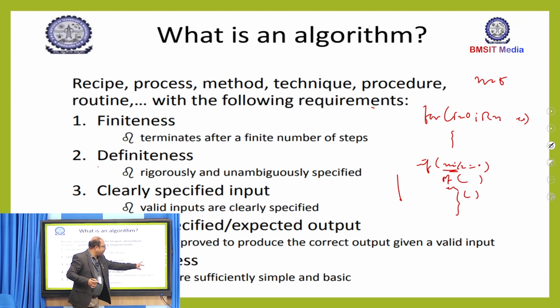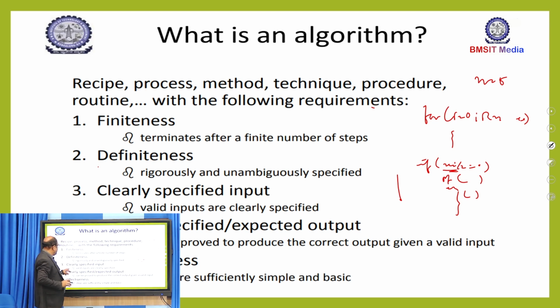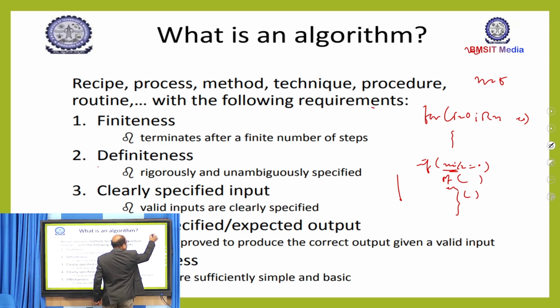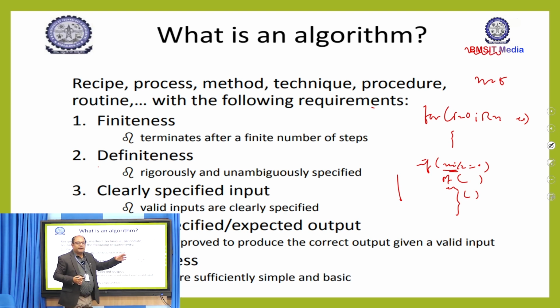I am specifying the condition without any ambiguity, so I am able to execute this loop properly. That's what we call definiteness. Clearly specified input: suppose I have n is equal to 10. In these 10 elements, I would like to print 5 odd numbers and 5 even numbers.